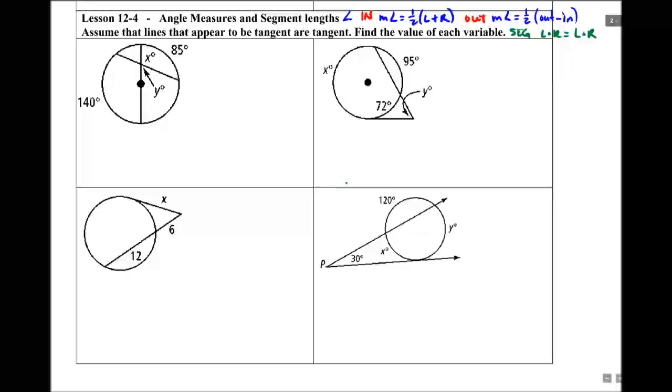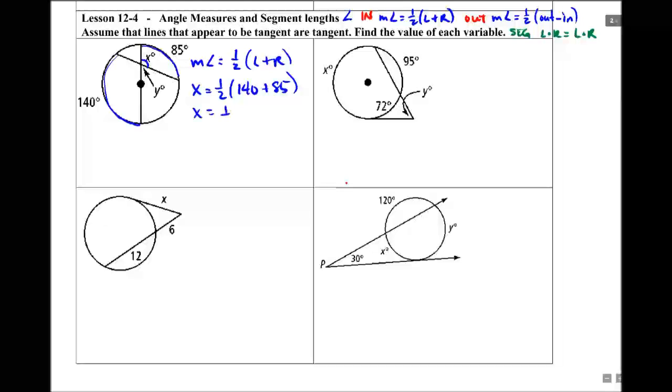All right, so we are looking at angle x here, and I can see that its intercepted arcs are here and here. It is inside the circle, so the measure of our angle is 1/2 left plus right, so x equals 1/2 of 140 plus 85.